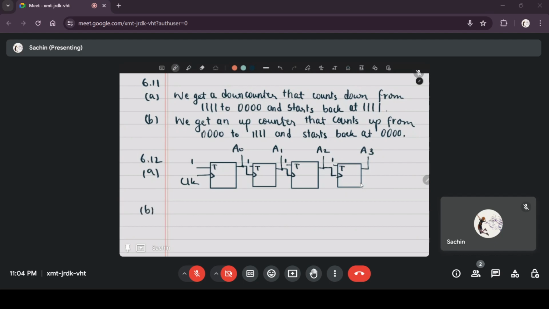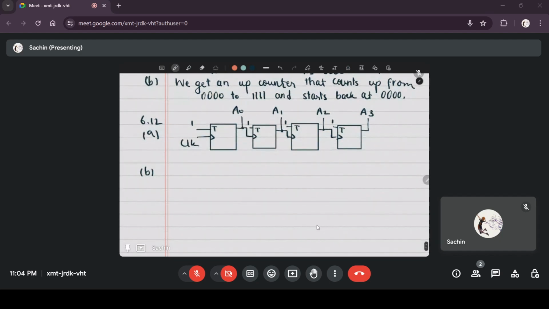If you want a down counter with negative edge triggered clock pulses, that means you have a bubble at the clock, so the clock is inverted and the negative edge triggers it.